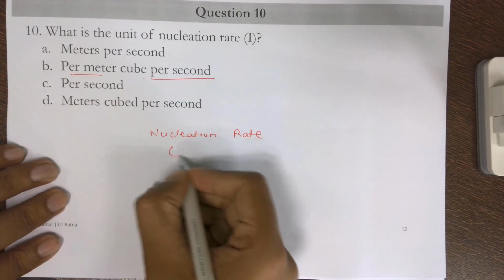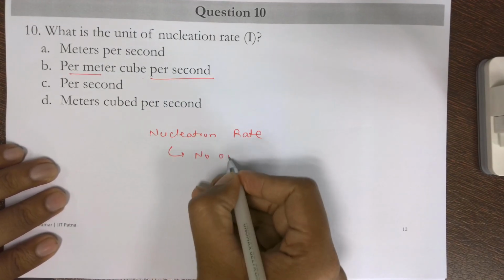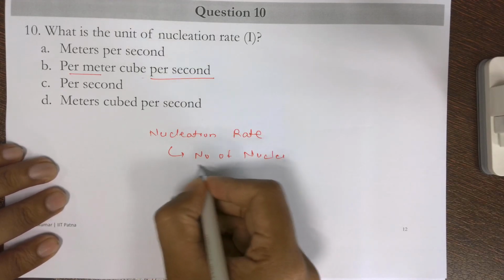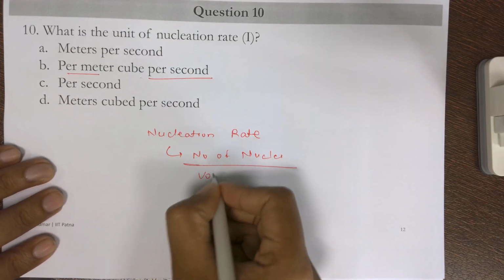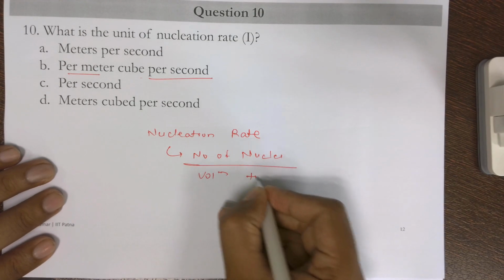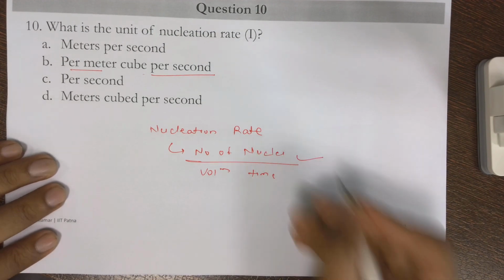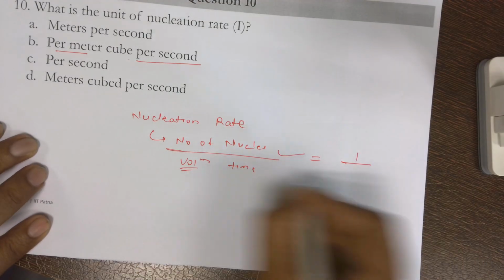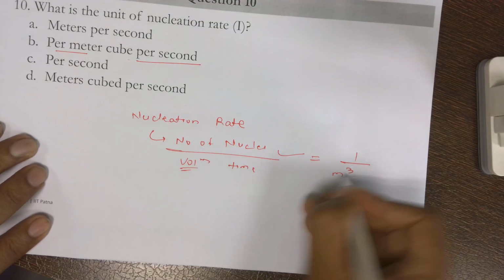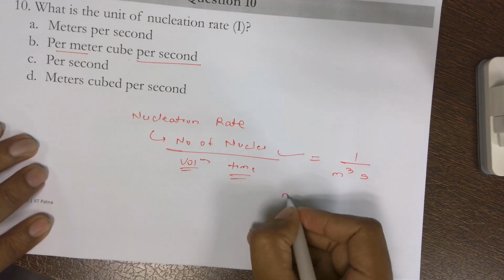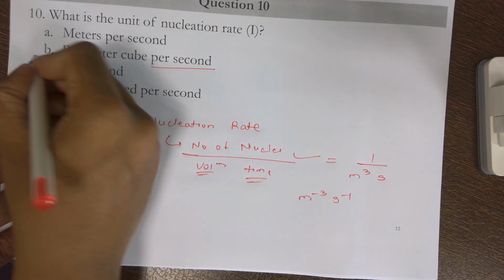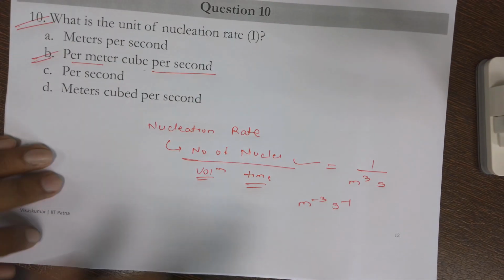So nucleation rate is the number of nuclei per unit volume and per unit time. Number, we are not giving any unit over here. So it's 1 over volume. We know that it's meter cube and the time is second. So meter cube inverse and second inverse. That's why option B is the right answer. Very good, Vishnu. Let's go to the next part, question number 11.